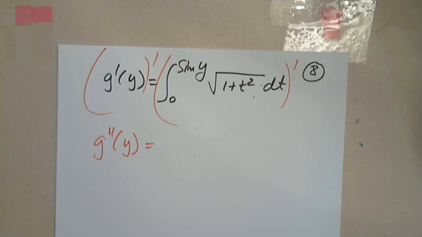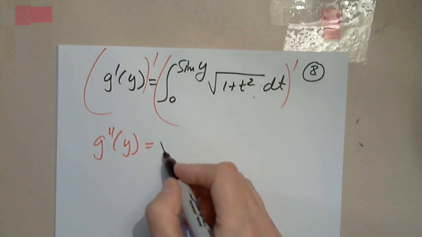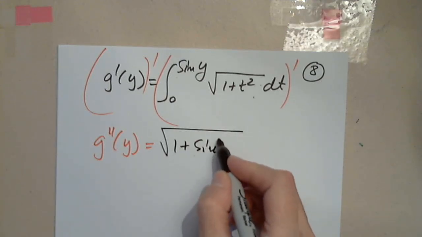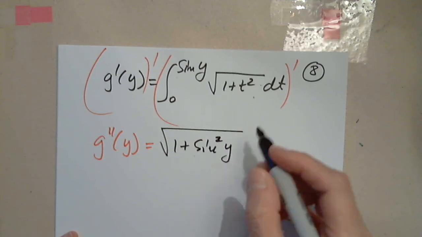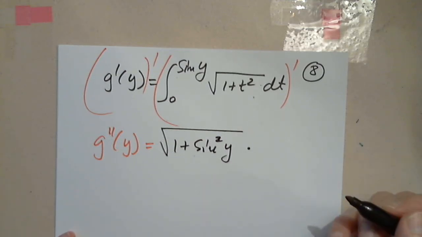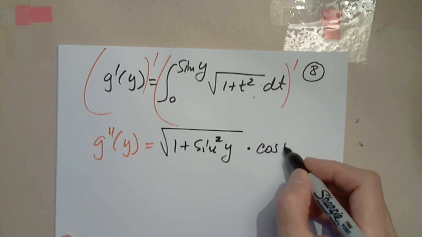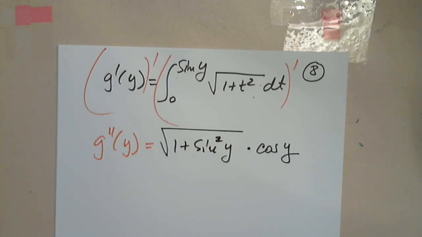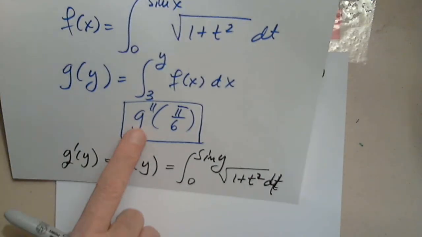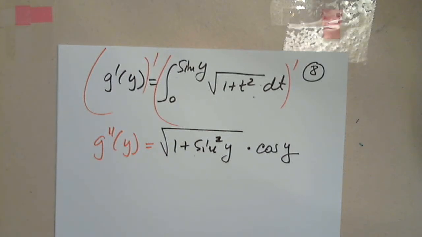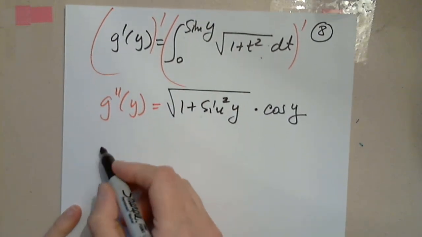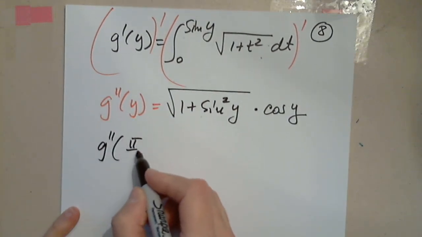Any guess? Square root of 1 plus sine y squared. The square root, very good, of 1 plus sine squared y, and then cosine y, excellent. Finally, I am asked to find g double prime of pi over 6.